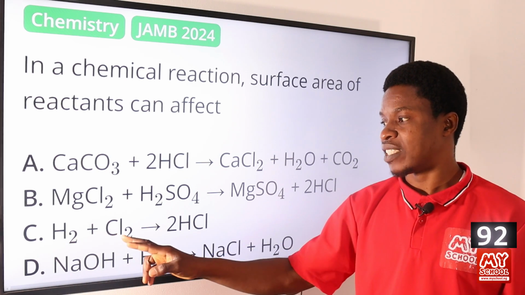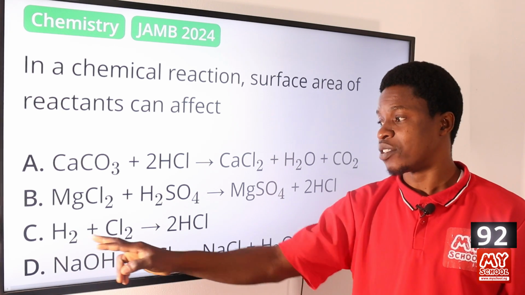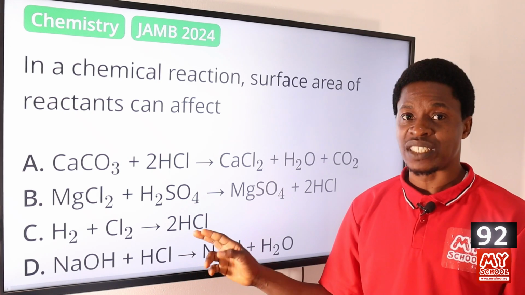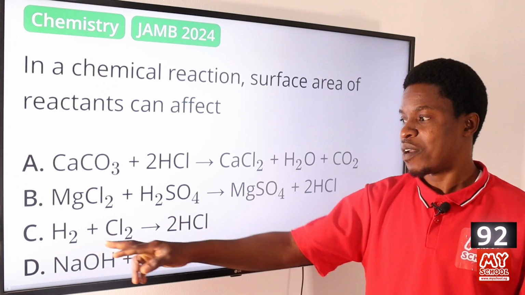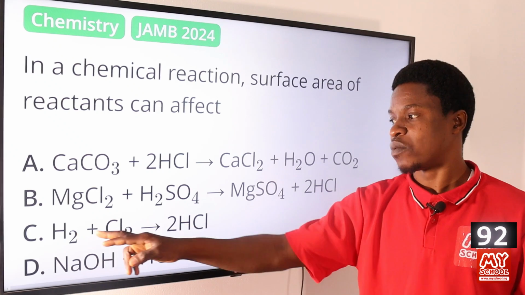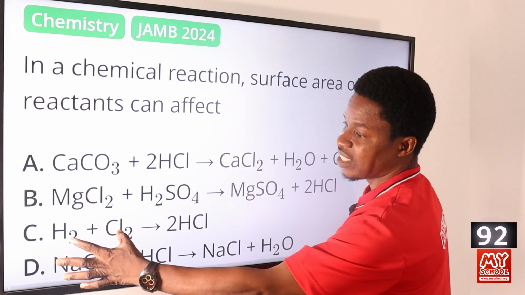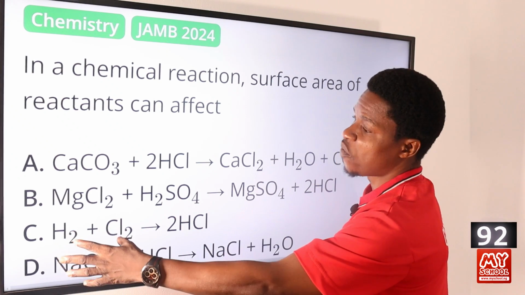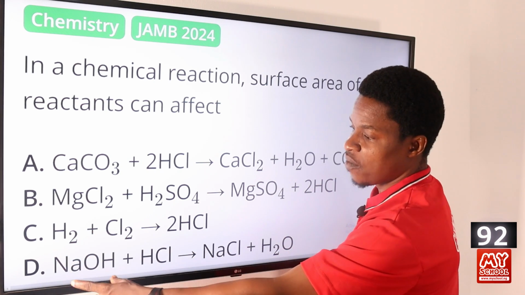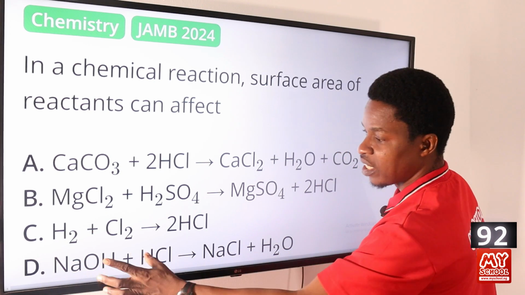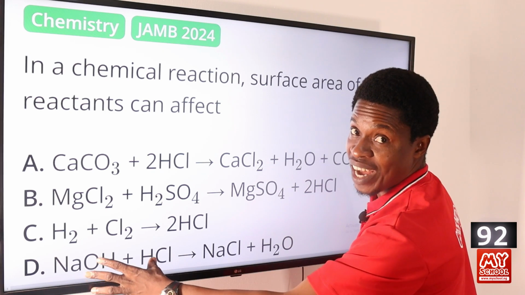Then H2 and Cl2, these are gaseous, reacting together to form hydrogen chloride gas. Don't forget we are looking at the reactants, both in gaseous state. Surface area does not have any effect on this. For this one, this is aqueous, this is aqueous. Surface area does not have effect on it.